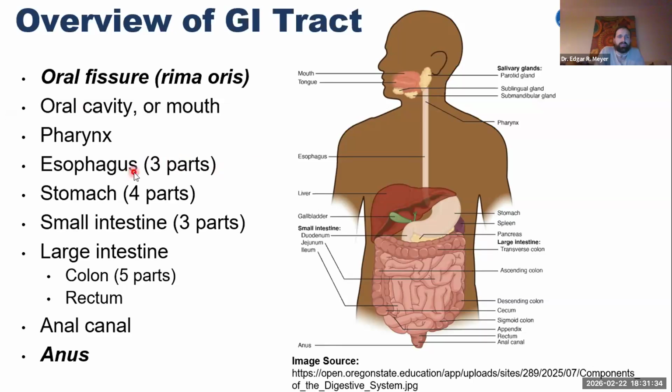We have three parts of our esophagus. If y'all in the chat could let me know, populate what those three parts of the esophagus are. And these are generic names or terms. Okay, cool. Cervical, thoracic, abdominal.